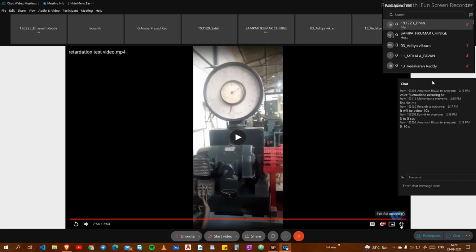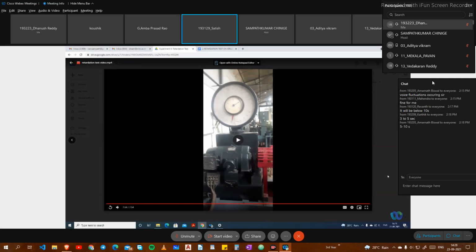Somebody was asking, sir, why are we taking 3 readings for the same thing? For the average, yes. Sometimes we may not be attentive when noting down the fall in speed, and the more readings you take for one observation, the more you can overcome error. You are studying measurements, am I right?